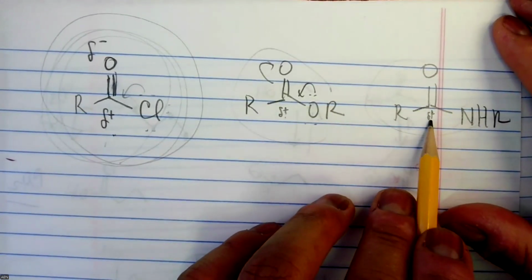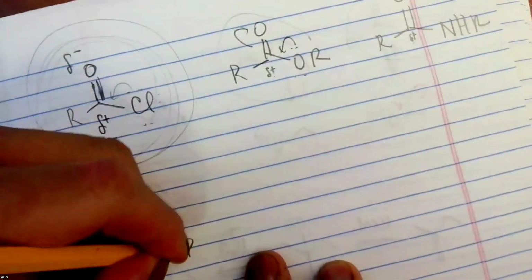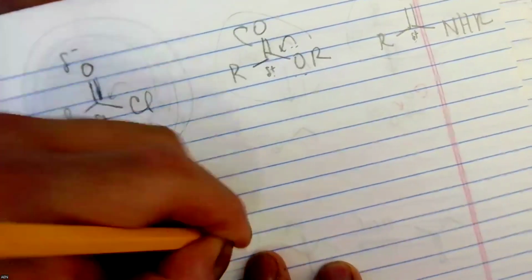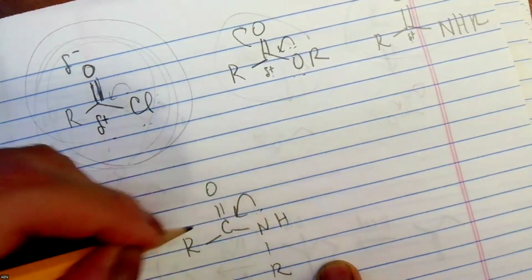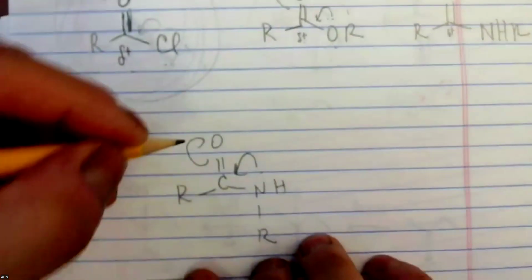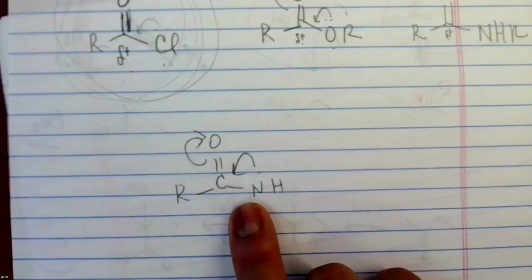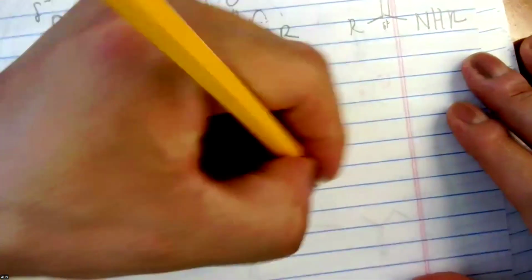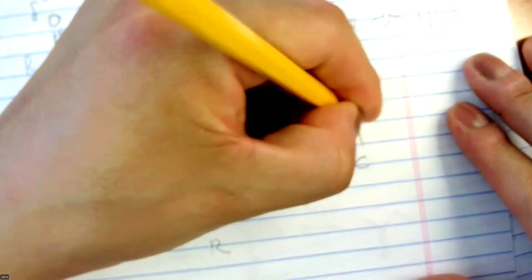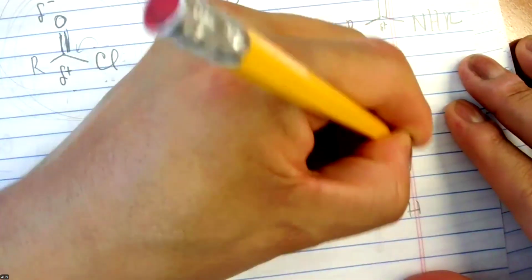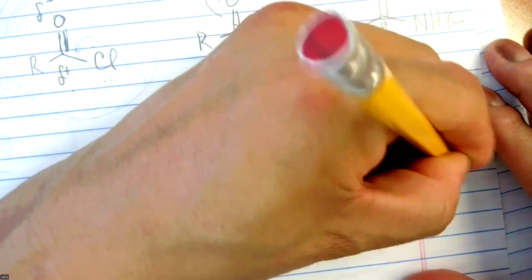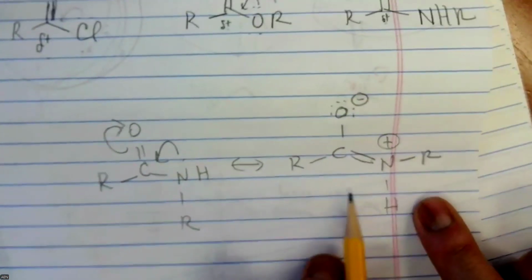And why is the delta plus so tiny here? It's very tiny because in the amides, that nitrogen donates electrons to the carbon by resonance. There's a stabilization.